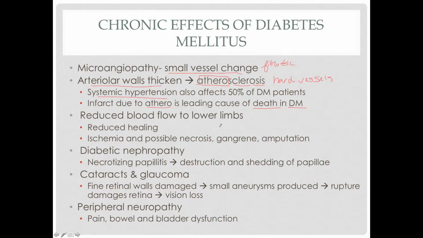Also, when small vessels are changing, you see that blood's not flowing to the lower limbs. The healing doesn't go as appropriately. You see ischemia, necrosis, possible gangrene, sometimes dual amputation. And it's extremely important for patients with diabetes to do things like check their feet every day because you see a lot of neuropathy in the feet. So if you were to step on a piece of glass, you would feel it. You'd have a pain response, you'd move the glass, and that would hopefully be the end of the story.